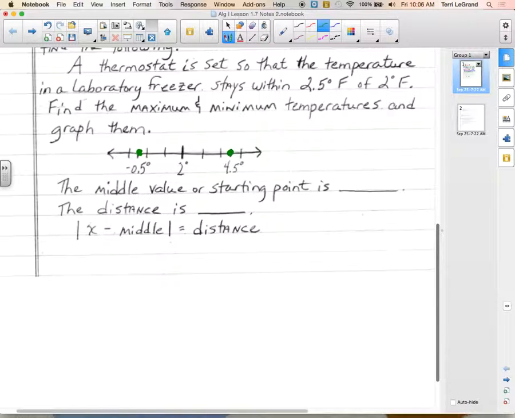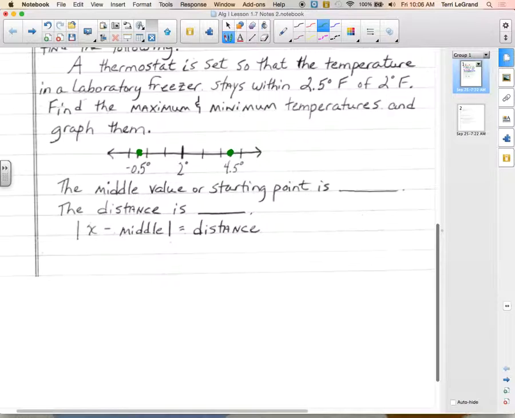I often tell students that it helps if you do draw the graph, even before you start sometimes, because then it helps you decide how to set up the equation. When we're going to set up an equation, we want to know what's the ideal, what's the middle value, what do we really want it to be.